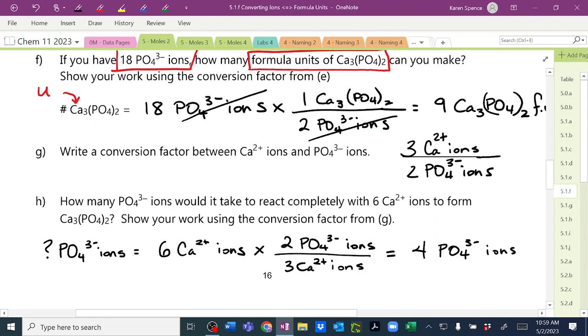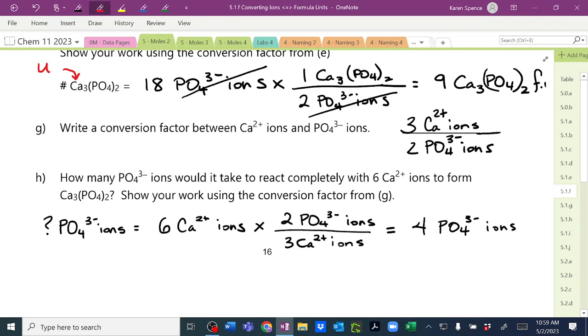So check your work. Did you show what you were trying to find? Did you show your initial quantity, including the charge? Did you show an equal sign? Did you show a times sign?